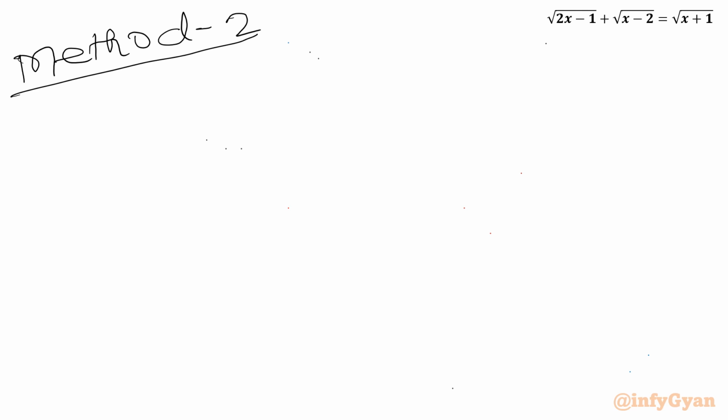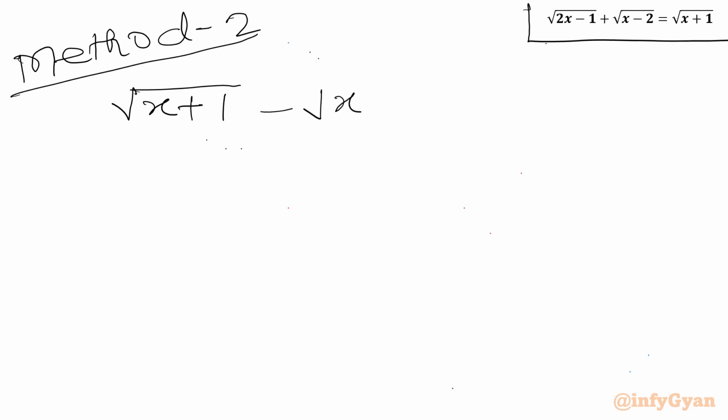Here I will consider our equation as square root x plus 1 minus square root x minus 2 equal to square root 2x minus 1. Now I will consider squaring both sides.